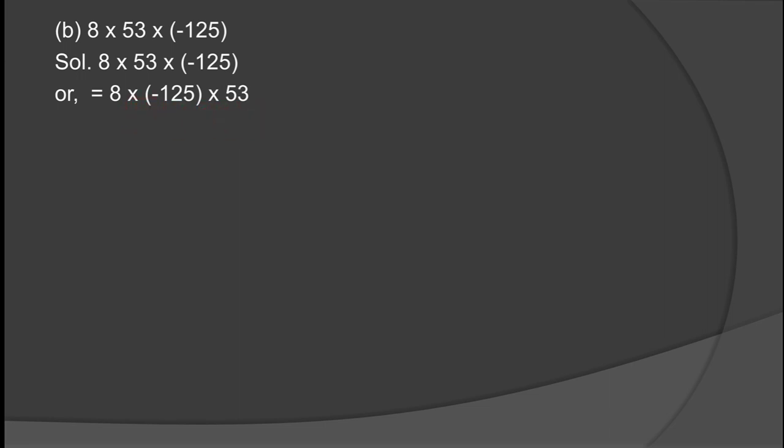And this expression becomes equal to minus 1000 into 53, because we know 8 into minus 125 is equal to minus 1000. So we have minus 1000 into 53, which comes out to be 53,000 with negative sign. So our answer is minus 53,000.